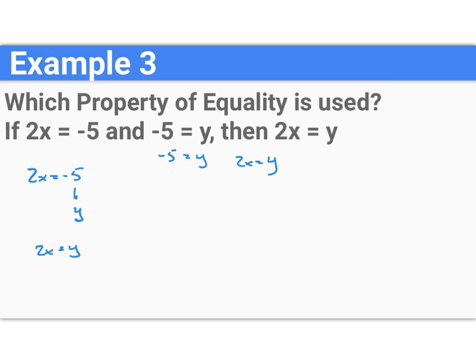So which property of equality is used? So again, here we use the transitive property. Transitive says if a equals b and b equals c, then, and the arrow means then, a equals c. And so we saw 2x as a equals -5, b equals c, so a must equal c.